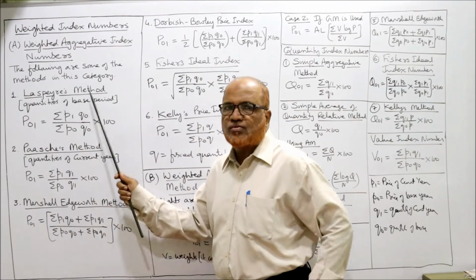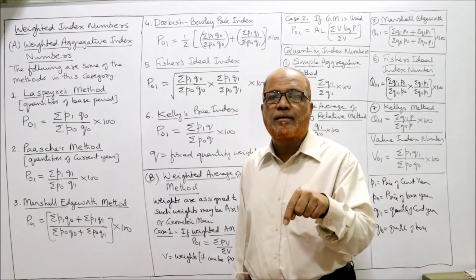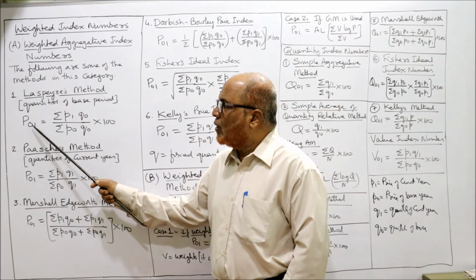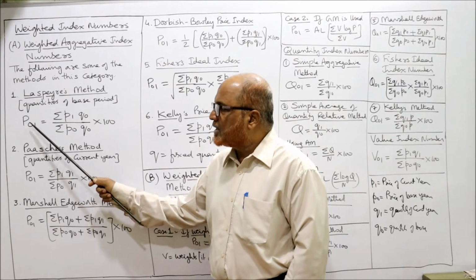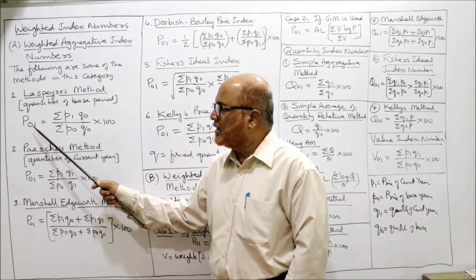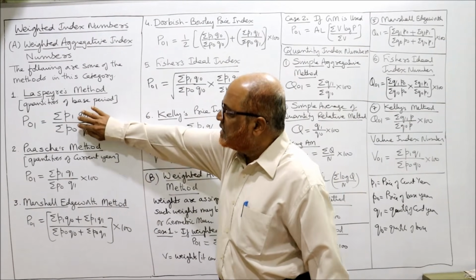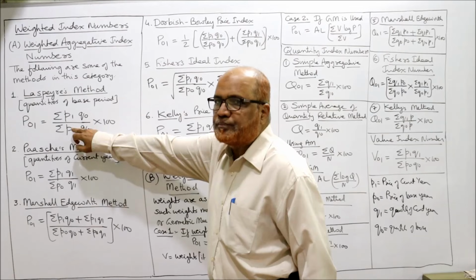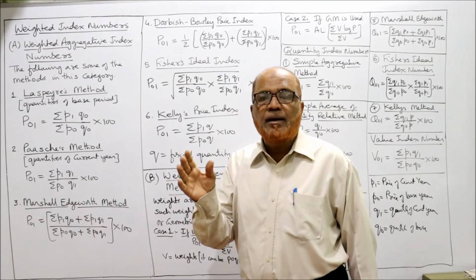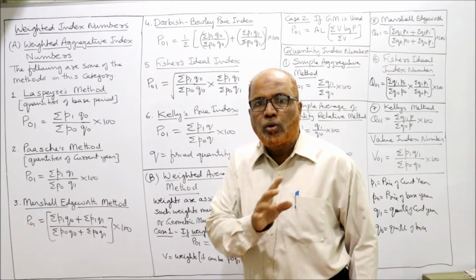So in Laspeyres' formula, he has taken the quantity of the base year. Base year quantity is Q0. So what is the formula of P01? Price index of current year compared to base year is equal to, first of all, what you should write is summation P1 by P0. Summation P1 by P0 is the price index of current year compared to base year.